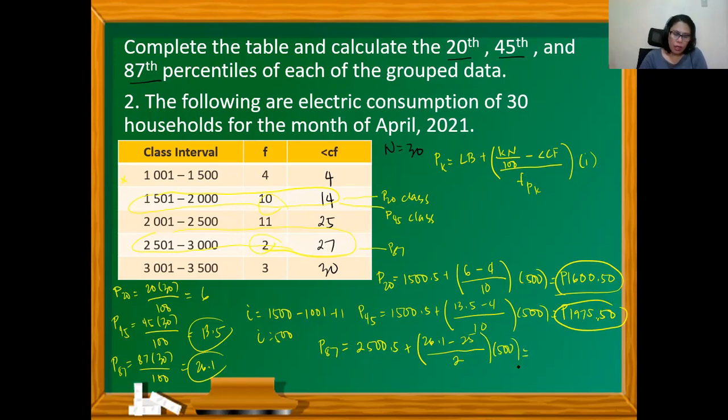So this gives us 26.1 less 25 all over 2. So we have 2,775.50 there.